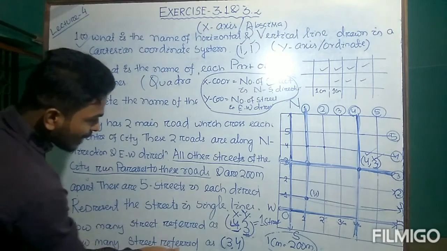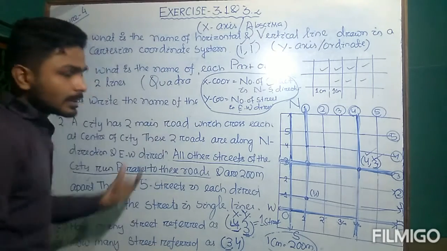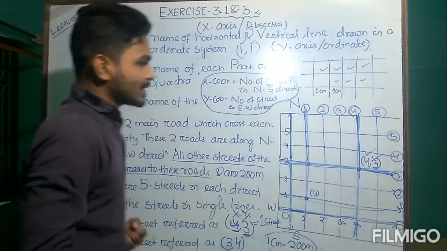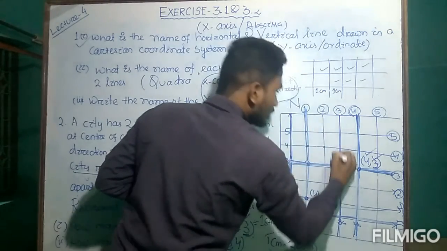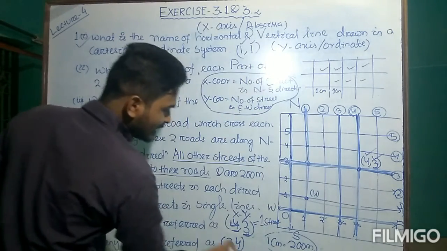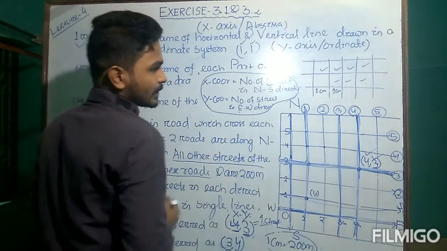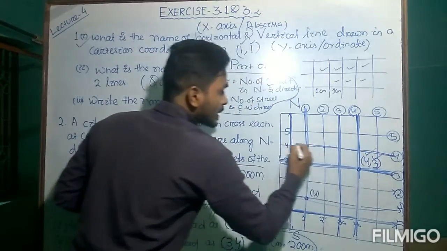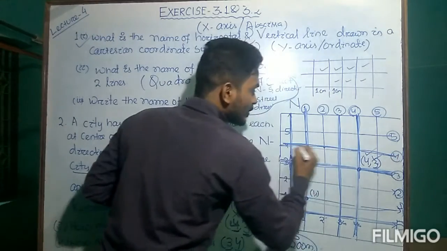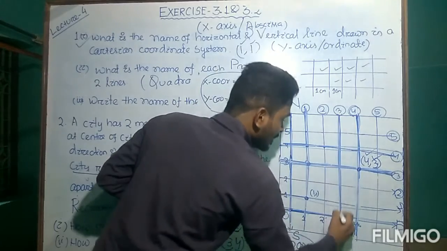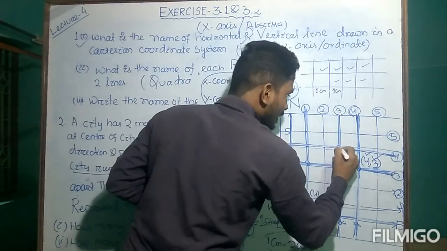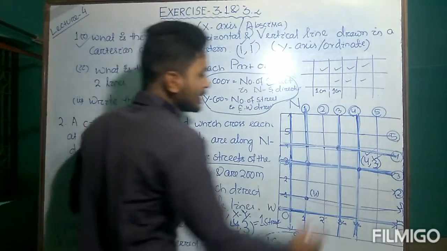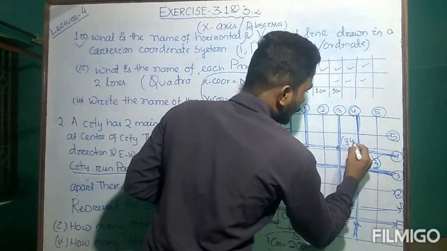Similarly, how many streets are referred to as 3, 4? 3 means the third street in the north-south direction. Okay, so this is the third street in the north-south direction. This is 1, and the fourth street in the east-west direction, and this is your fourth street. See, this is your fourth street, and this is your third street in the north-south, and it is east-west, and they meet at a point, and this point's coordinate is 3, 4.